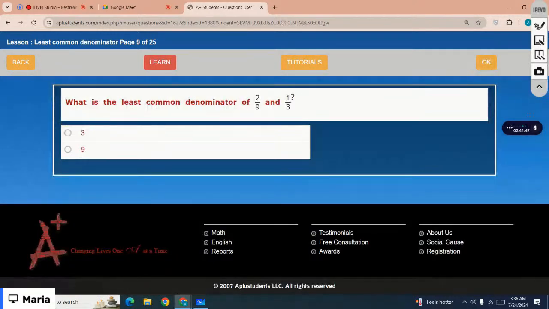Okay, what is the least common denominator of 2 by 9 and 1 by 3? Very good. 9 it is. The correct option is 9.